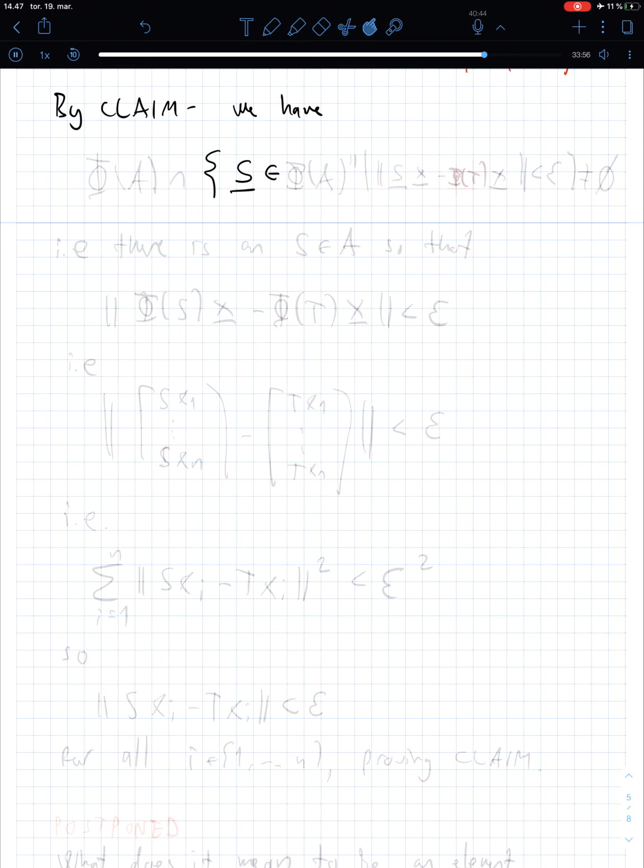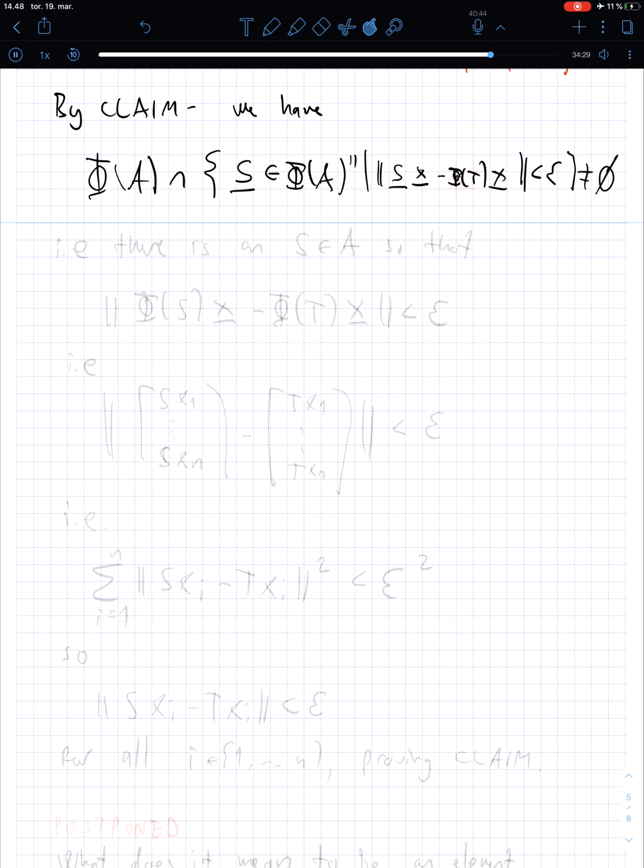So the set that looks like this, where the distance between S underline applied to X underline and phi of t applied to X underline is less than epsilon, has a non-trivial intersection with phi of A.